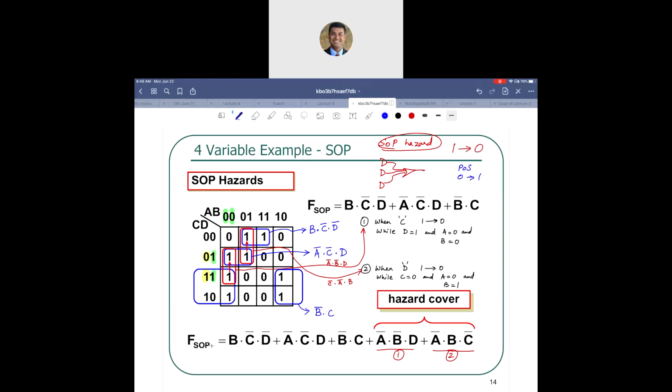But the unique condition in the case of AND is that only when all the inputs are true will the output be true. So it's the nature of the OR gate and the AND gate logic function itself that is the reason. For SOP, a glitch could happen only when the input changes from 1 to 0. In POS, only when it changes from 0 to 1.